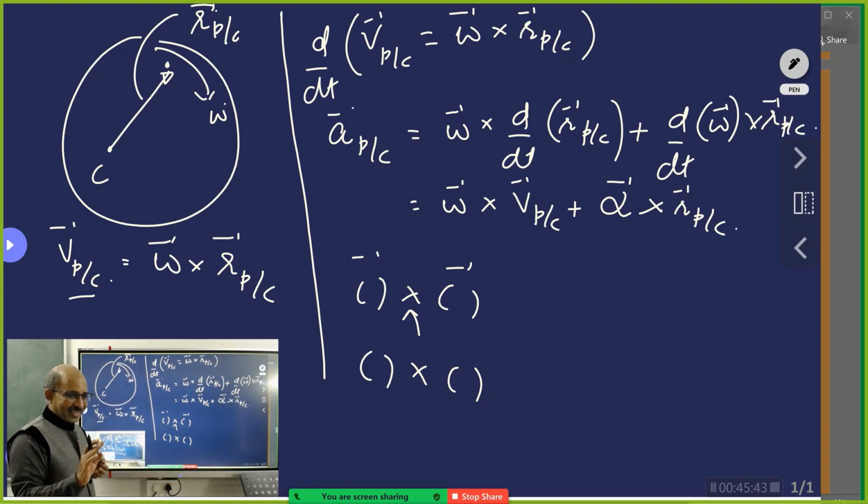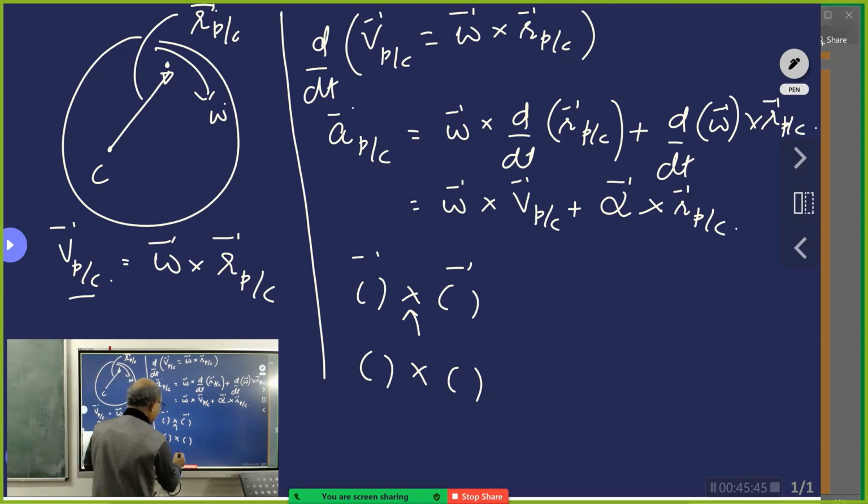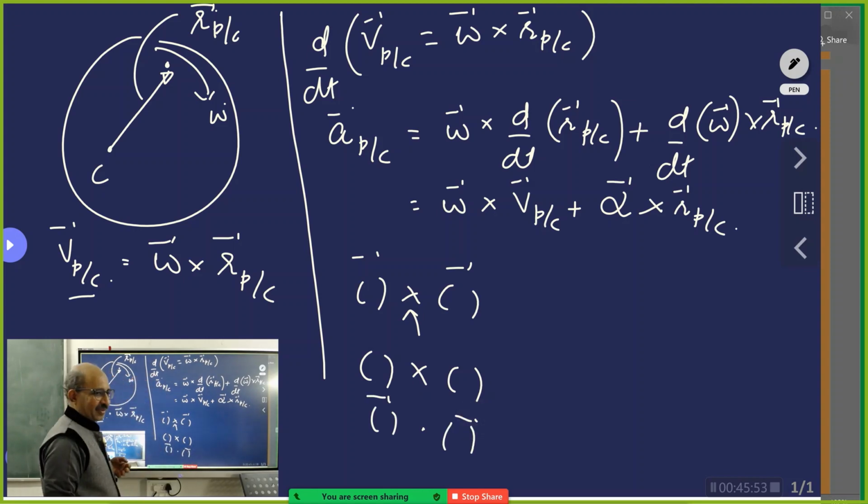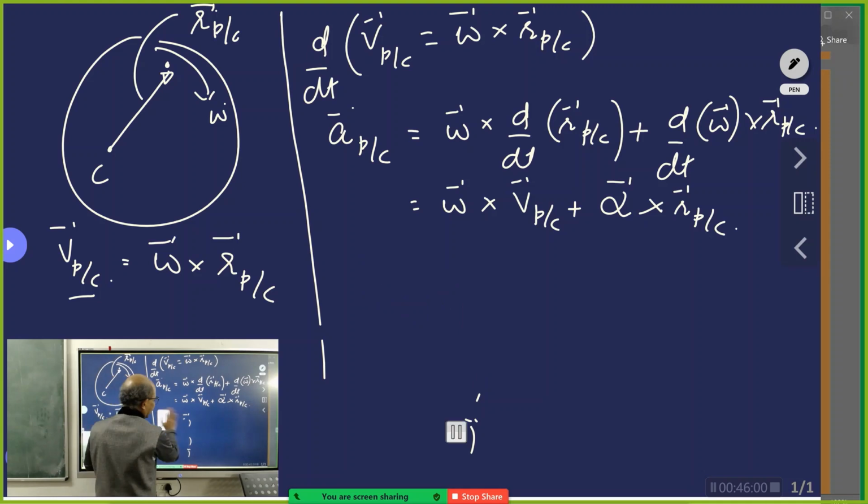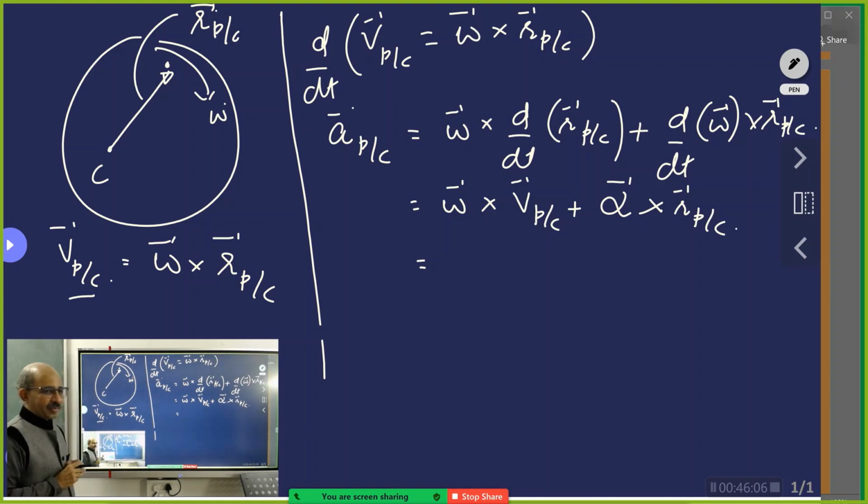Scalar product means you will have to use a dot, and again there will be bars. That's it. I hope all of you got this. Then what is this, omega bar cross V bar PC?